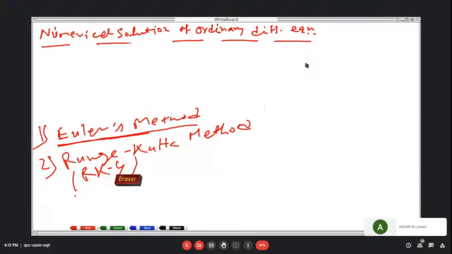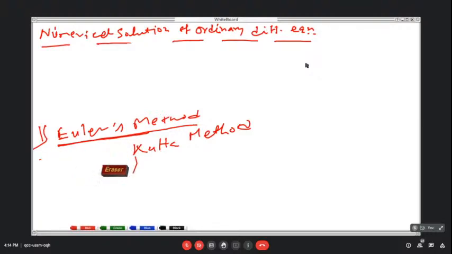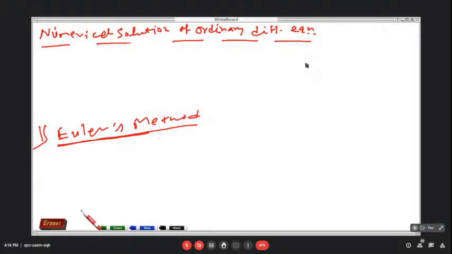The base of this method is the same as Euler's method, but there is some modification. We will understand what the modification is and how it helps to increase the accuracy. So far we are not going to discuss this; later we will. First is Euler's method.